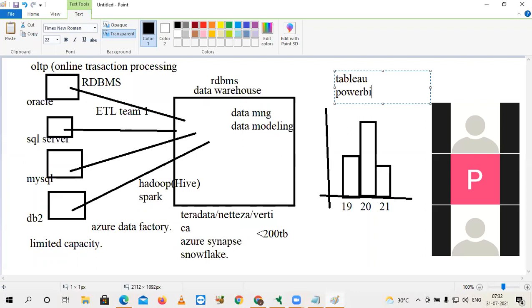All these are different visualization tools. So with ease of effort, you can develop very complex visualizations and dashboards.